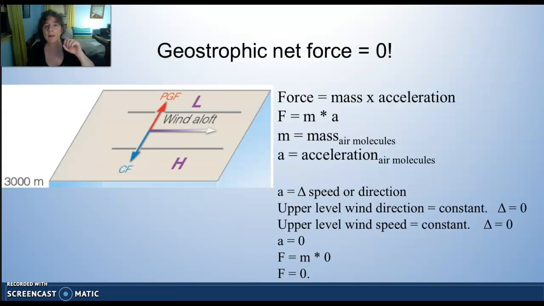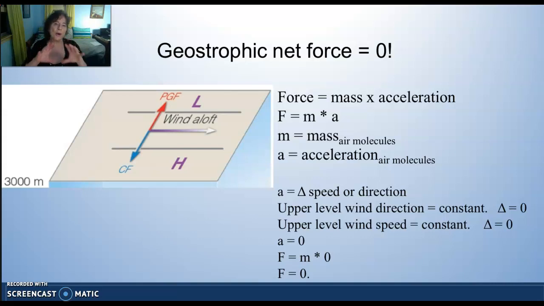Now we talk about direction, and when we produce a geostrophic wind that is parallel to the contour lines, then its direction is not changing until the contour lines change. When you are in that situation where there is no change in direction, that change in direction is equal to 0, and no change in speed, that is equal to 0, then the acceleration is equal to 0, and F equals ma becomes force equals mass times 0. Well, anything multiplied by 0 is 0, so that means the net force is 0.